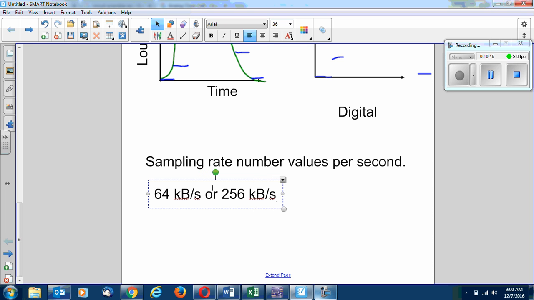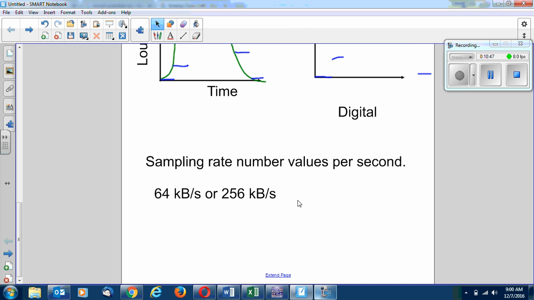I mean, which one are you going to choose if you want to have better sound quality? Of course, you're going to choose the higher number.